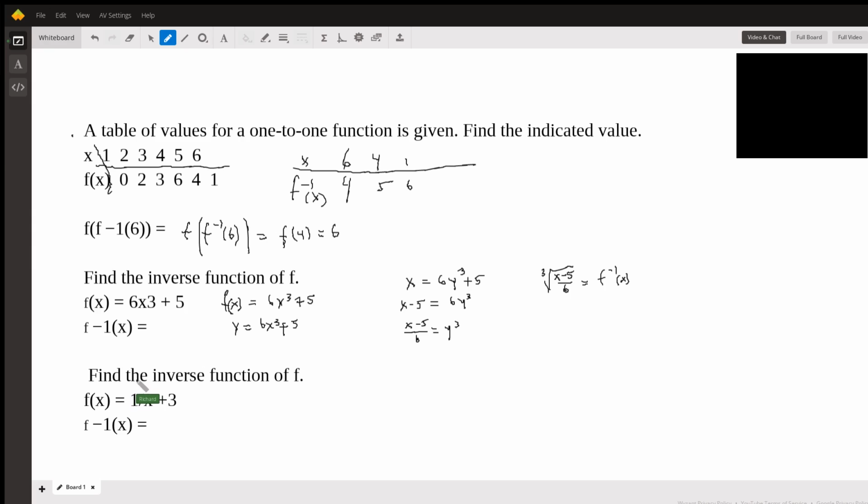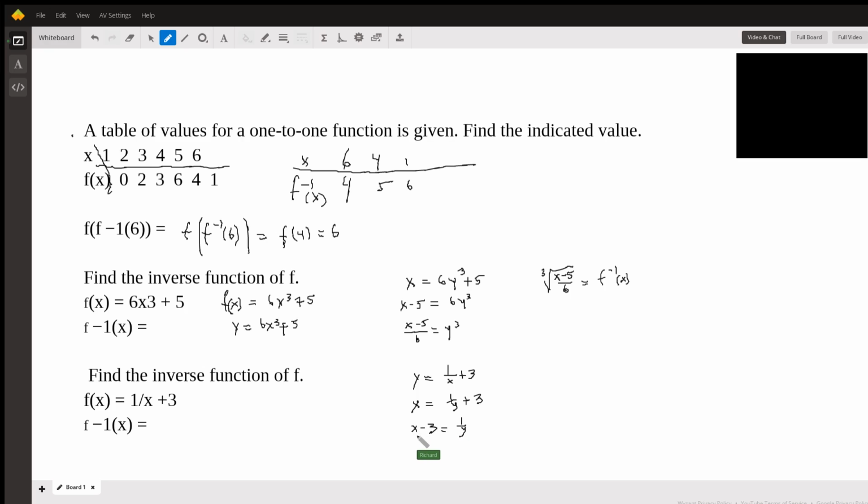And then this one would be the same. You would just say y equals 1 over x plus 3. Then you do the big swap, x equals 1 over y plus 3, and subtract 3, x minus 3 equals 1 over y.